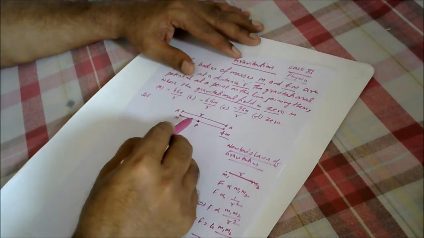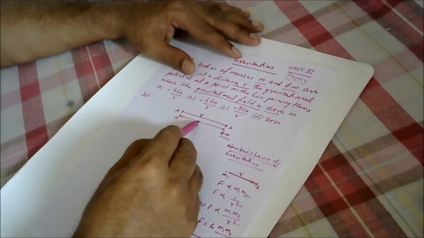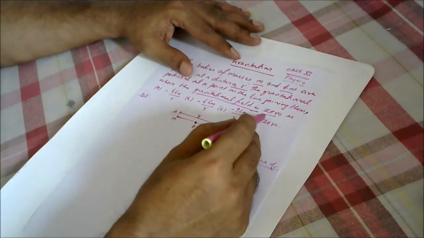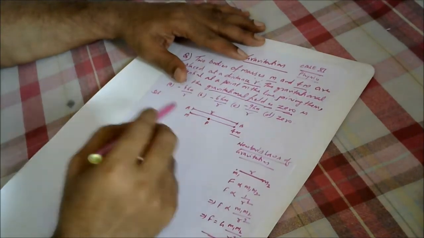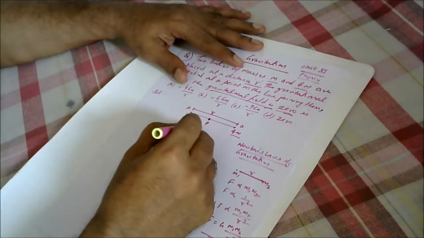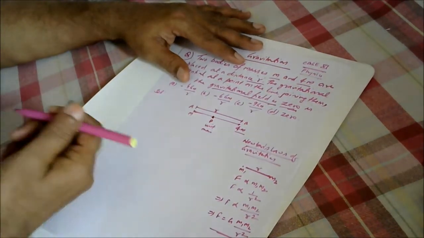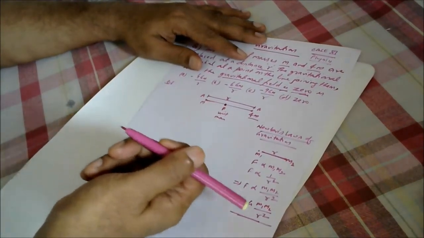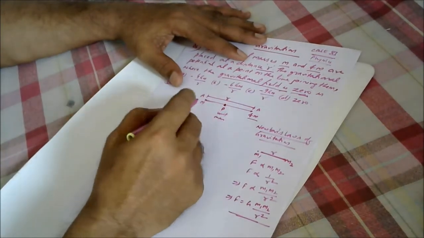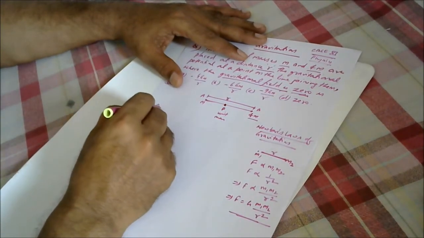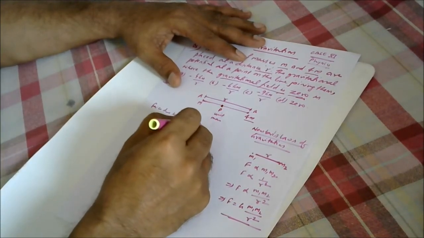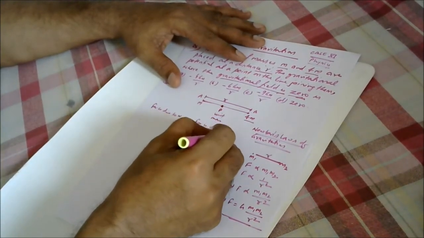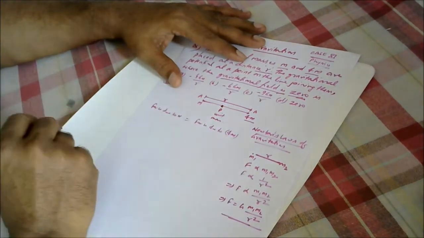Once both of them are equal, only then the gravitational field at this point will be 0. So as per Newton's law of gravitation, at point P, the force due to m will be equal to the force due to 4m.